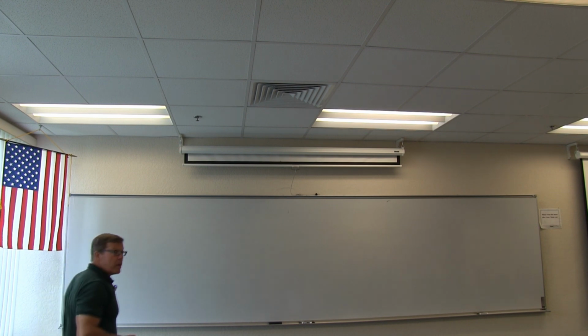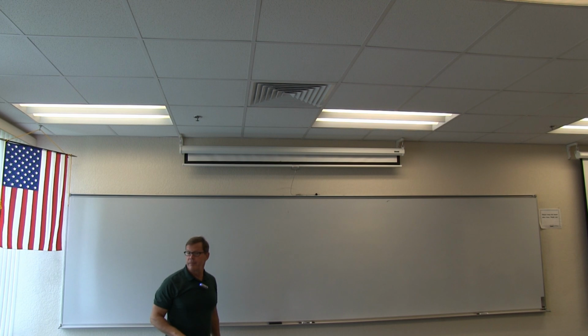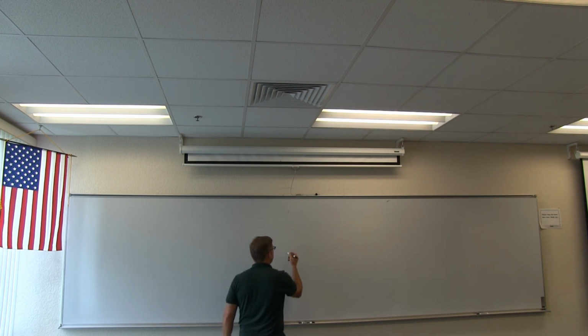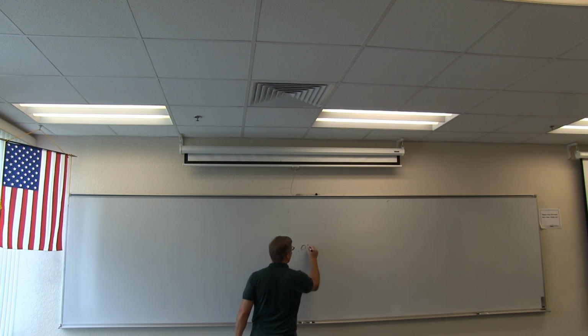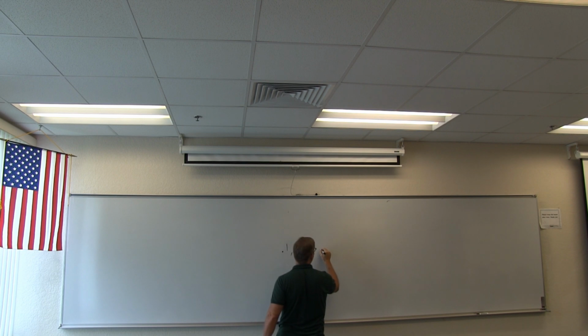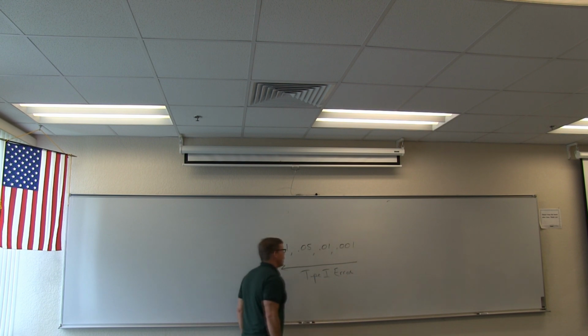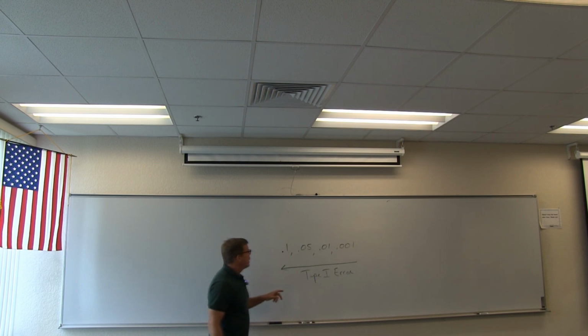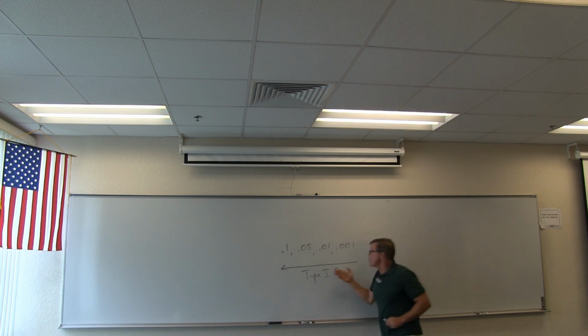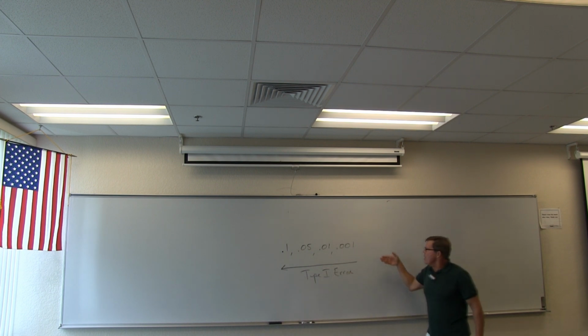There's going to be some questions on type 1 and type 2 error. Let's just do a little bit of reviewing. I want to make a little point clear. When I discussed alpha, and also when I discussed power, I said that as alpha increases, power increases.